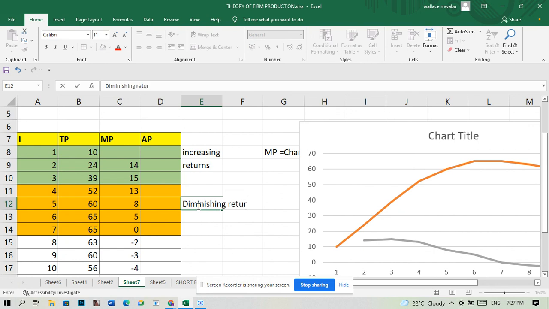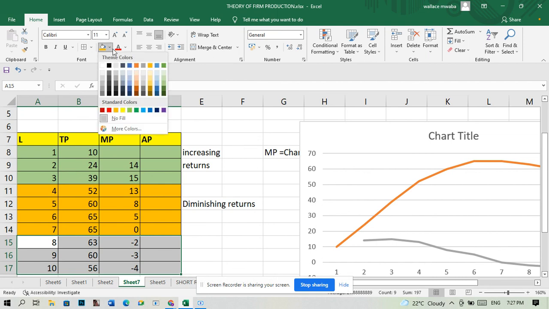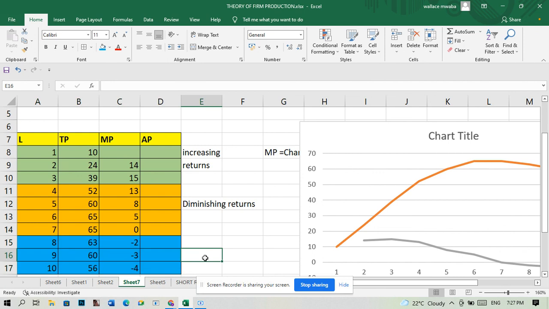And then when total product starts reducing, we'll call this the stage of negative returns. So these are the three stages.